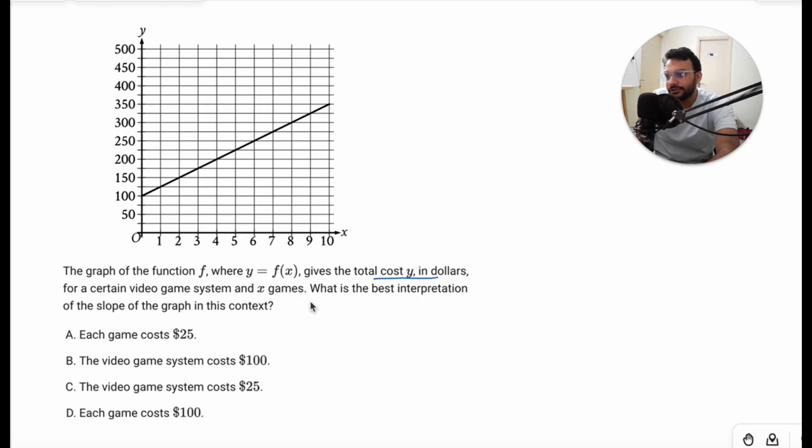So the video game system has a certain fixed cost, and along with that a certain number of games. So according to that, the cost y is calculated. So y will have a fixed component c plus the cost of each game, let's say m, multiplied by the number of games. This is y is equal to mx plus c, similar to a straight line equation.